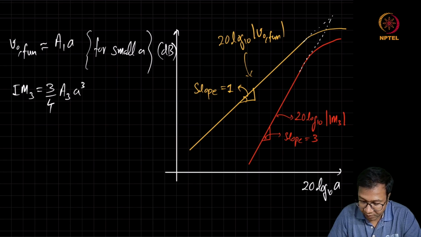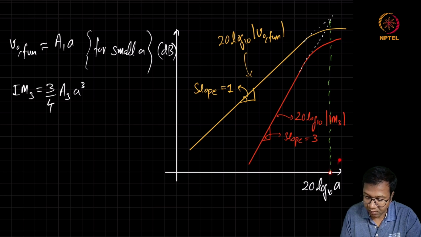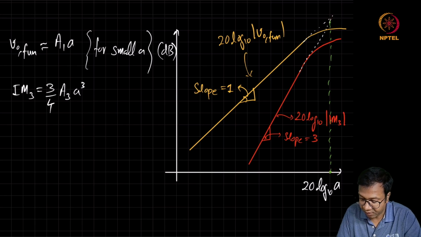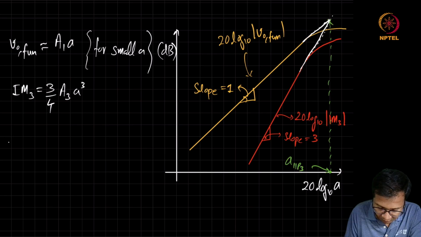So this point where the two extrapolated plots intersect gives us an idea about the linearity of the system. This signal strength or power at which these extrapolated plots intersect is also called the input referred third order intercept point. So here I will write IIP3.